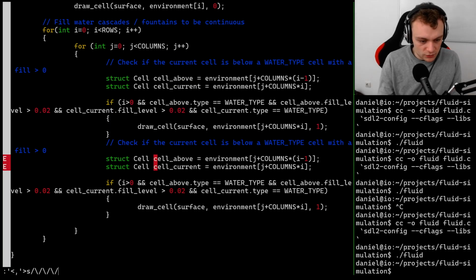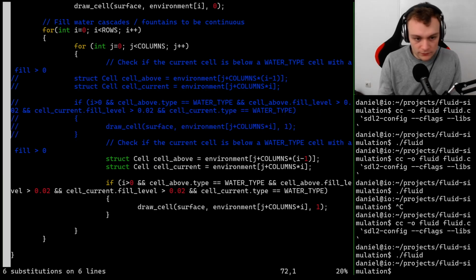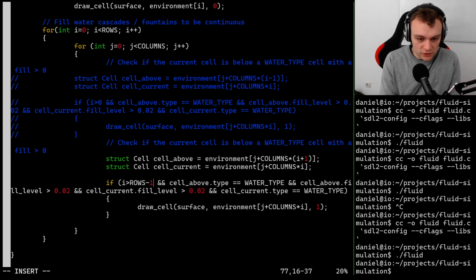Oops, something is wrong. So let's comment it out. The cell below is the cell at +1. Here we have to check also that I is bigger than rows -1. Let's see what happens now.